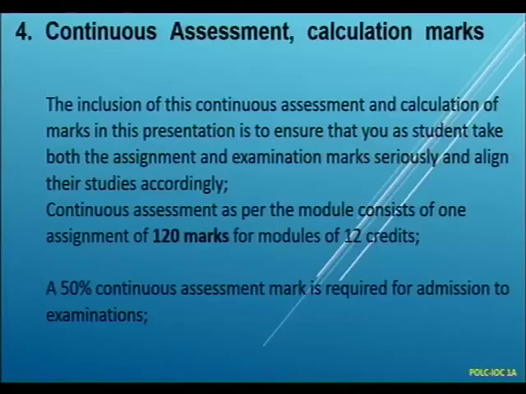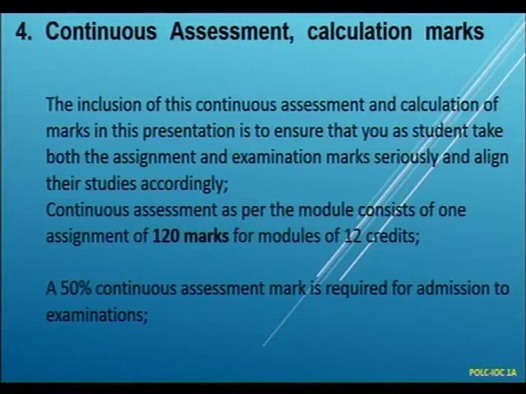The assessment and calculation of marks is to ensure that you as a student take both the assignment and your examination marks seriously and align your studies accordingly. Your continuous assessment mark will be out of 120 marks for the module.